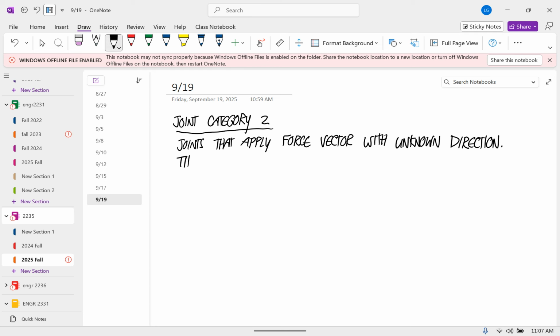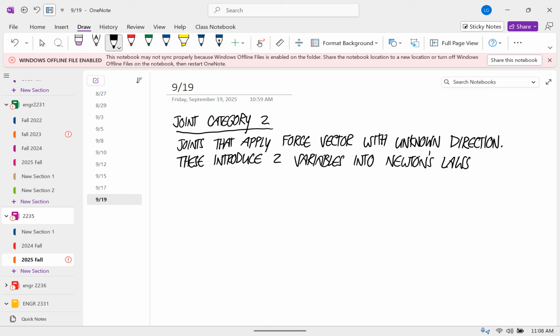And so that means that these introduce 2 variables into Newton's laws. And I have 2 of these.